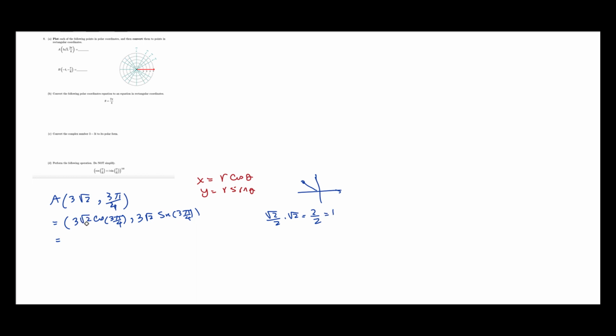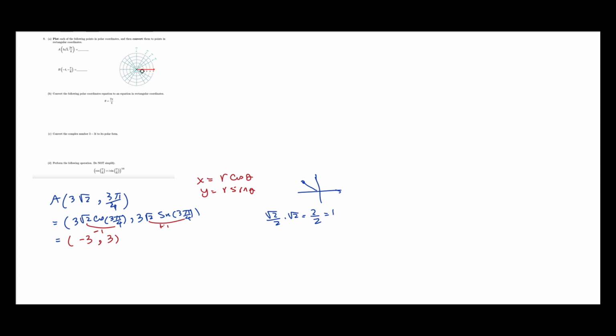So this part is just 1, this part is just 1, and I end up with negative 3 and positive 3 as the answer, because cosine is negative.